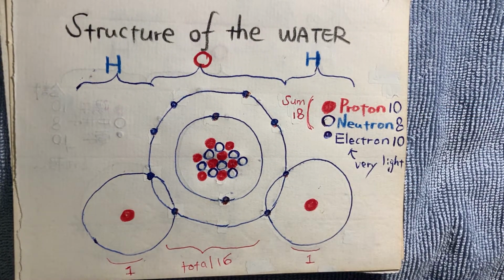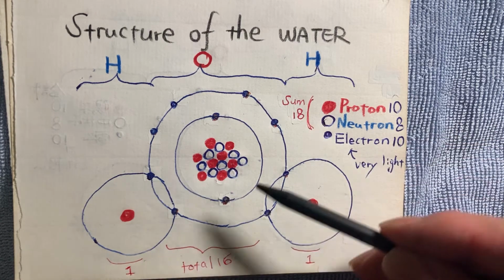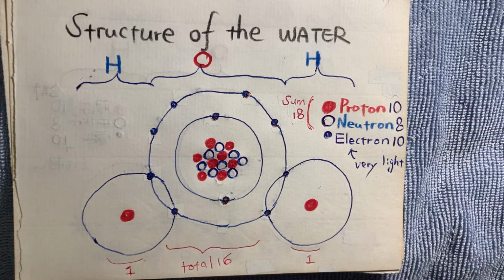The following presents the structure of water. The atom is made of atomic nucleus and electrons. The atomic nucleus consists of protons and neutrons.